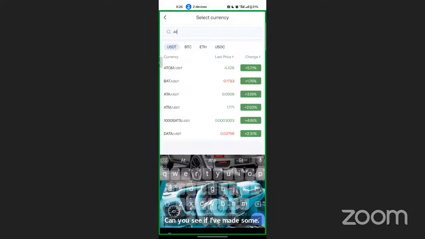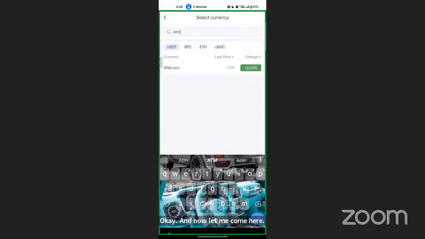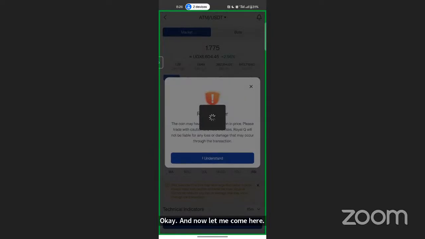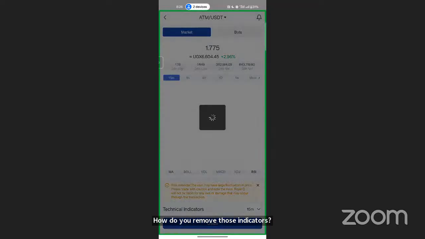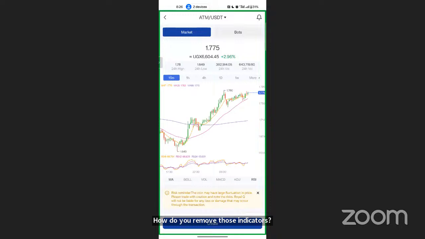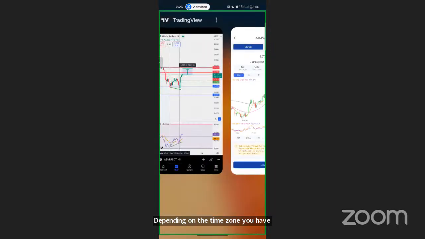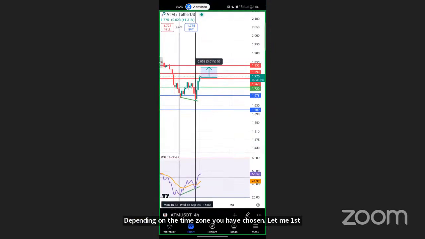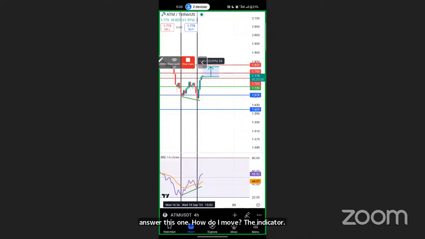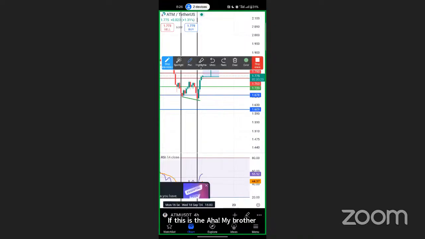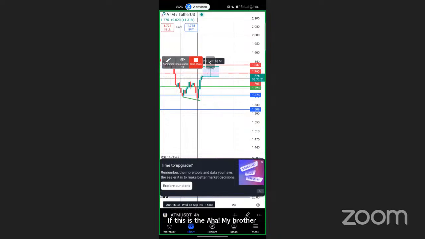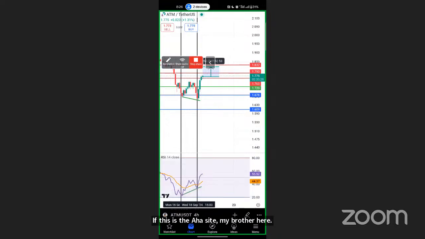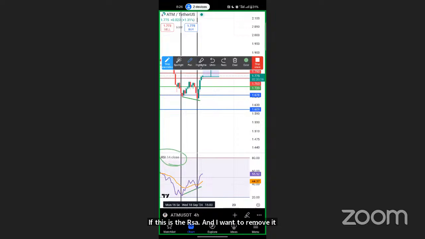How do you remove those indicators? Depending on the time zone you have chosen. Let me first answer this one. How do I remove the indicator? If this is the RSI, my brother Roger here, and I want to remove it, what do I do?